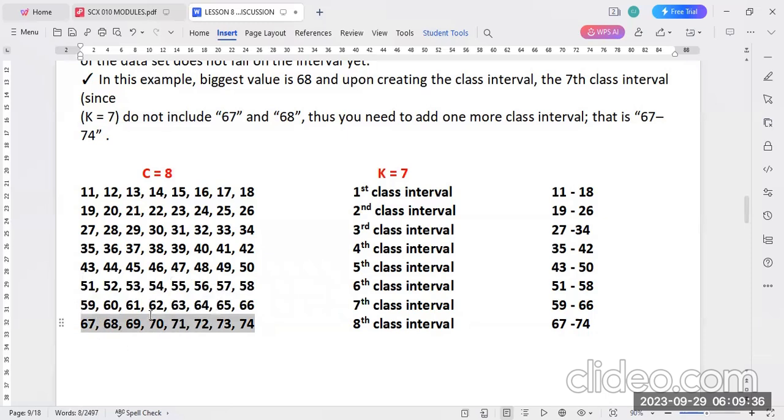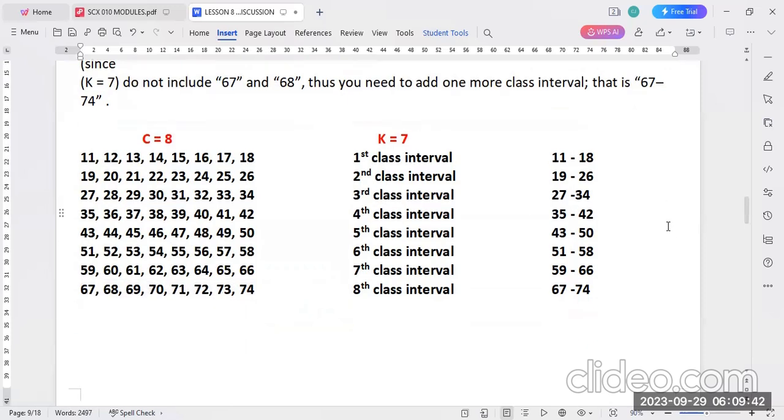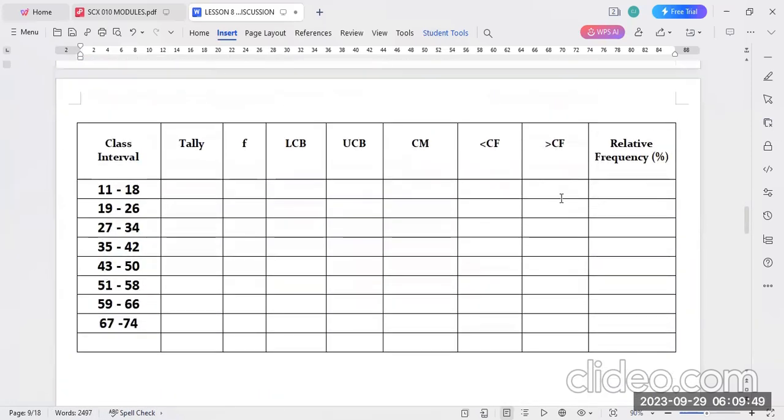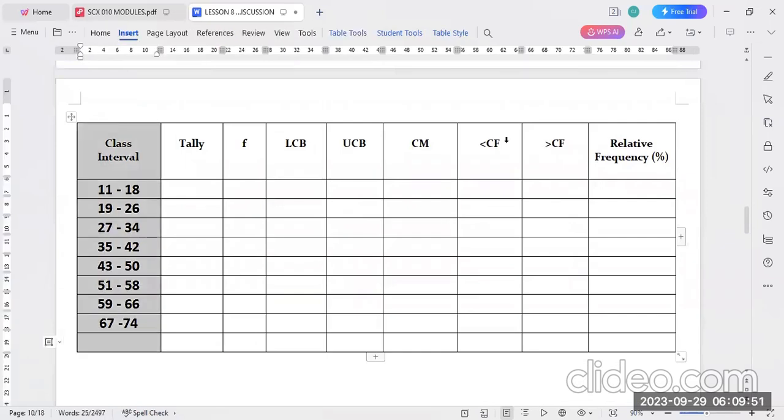So, dapat, 8 pa rin yun. Okay, so 67 to 74. So, that's how you create the class interval. And then, just write this one. 11 to 18, 19 to 26, 27 to 34. And that is the first column of the FDT, the class interval. Now, after creating the class interval, we proceed with the tally.